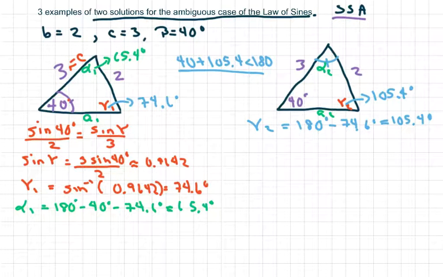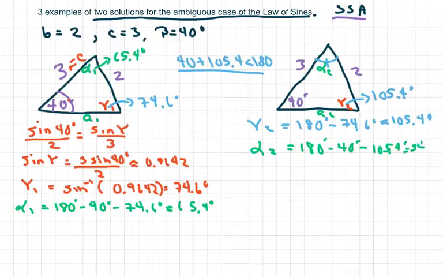And for your alpha 2, you're going to get 180 minus 40 degrees minus 105.4 degrees. And that's going to be 34.6 degrees. So this is 34.6 degrees.